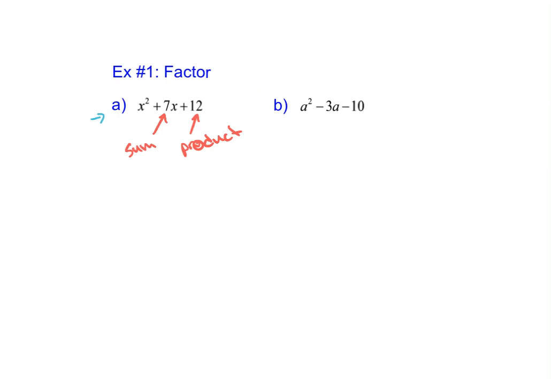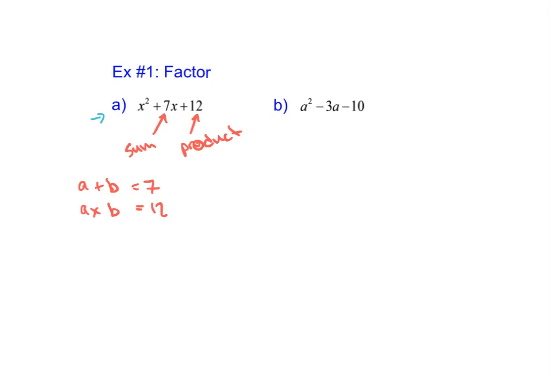So in other words, when I add the two numbers, I'm going to get 7, and when I multiply them, I'm going to get 12. Now, there should only be one possible combination for that. And for this example, you might notice that the numbers are probably 3 and 4, because 3 plus 4 gives us 7, and 3 times 4 gives us 12.